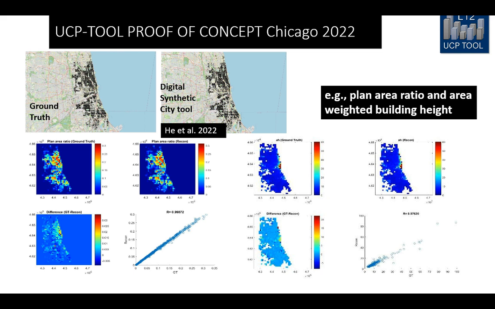And you can see that for some of these parameters, like area-weighted building height, the statistic is nearly 98% and 95%. And we can improve on that even. So it's going to happen. We are going to have that capability.